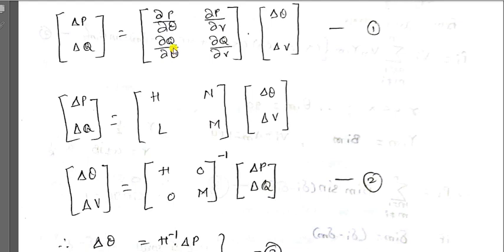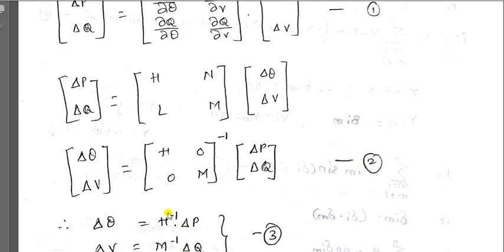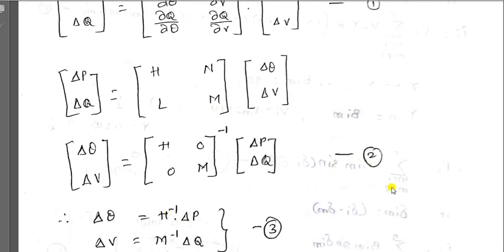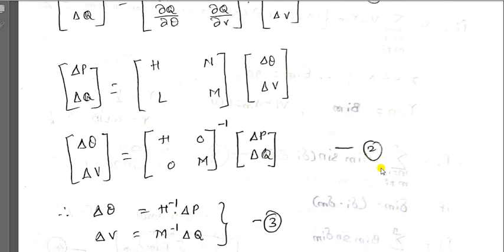We also know that reactive power's magnitude is decoupled with respect to angle theta. As these two changes are very small and negligible, we assume the values of N and L as 0. This is one of the assumptions we are making here, and according to it we get equation number 2.